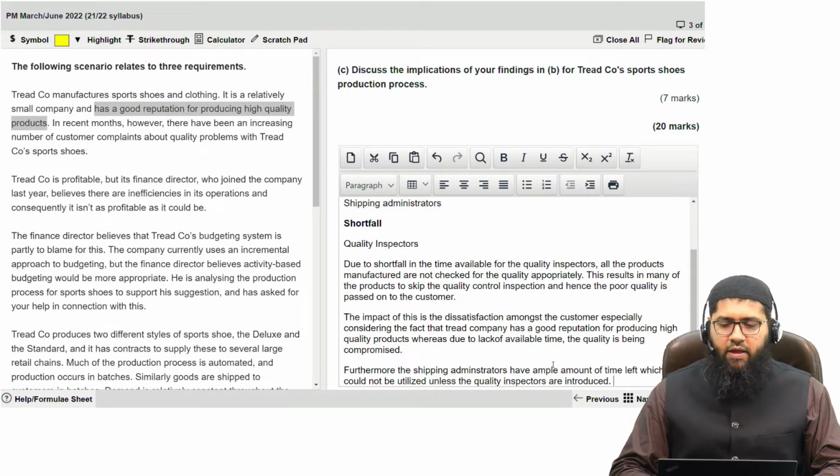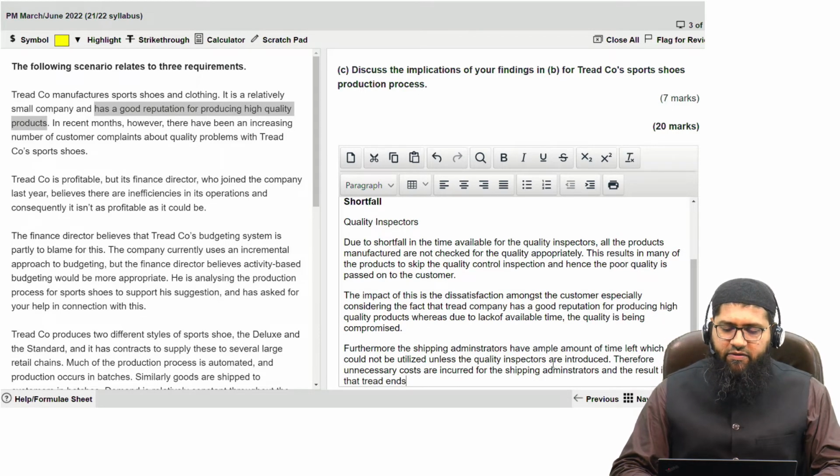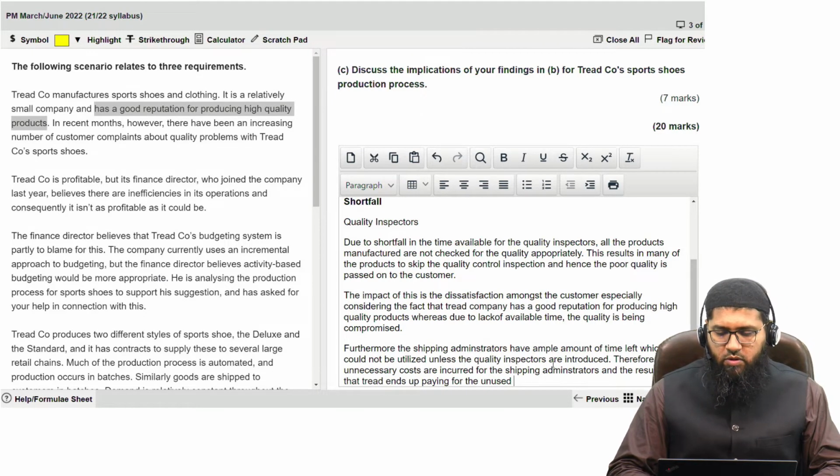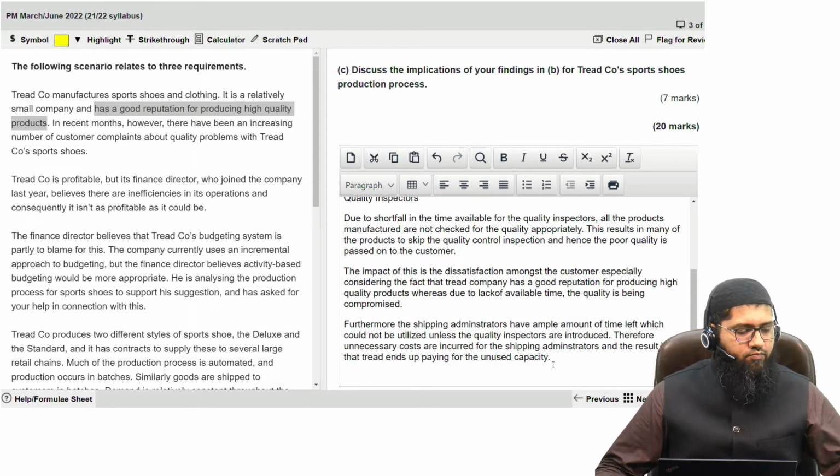Therefore, unnecessary costs are incurred for the shipping administrators, and the result is that trade ends up paying for the unused capacity. Is that okay?